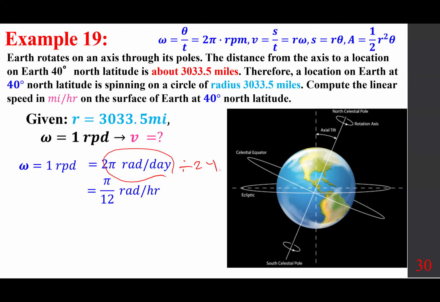V equals R omega. R is, for 40 degrees north latitude, 3033.5, and omega is pi over 12 radians per hour, and we end up with 794.17 miles per hour, so almost 800 miles per hour.